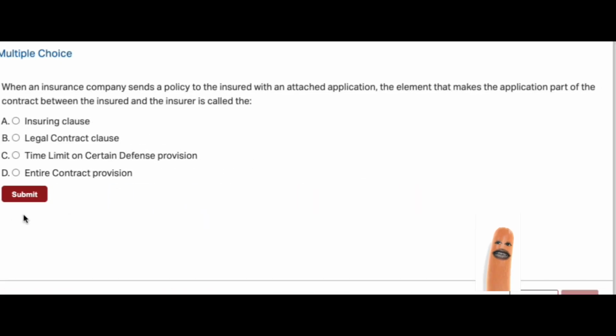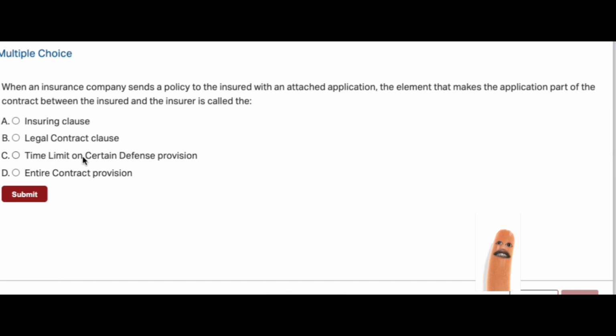The next question, it gonna ask me this right here. When an insurance company sends a policy to the insured with an attached application, the element that makes the application part of the contract between the insurer and the insured is A, insuring clause. B, legal contract clause. C, time limit on certain defense provisions. Or D, entire contract provision.